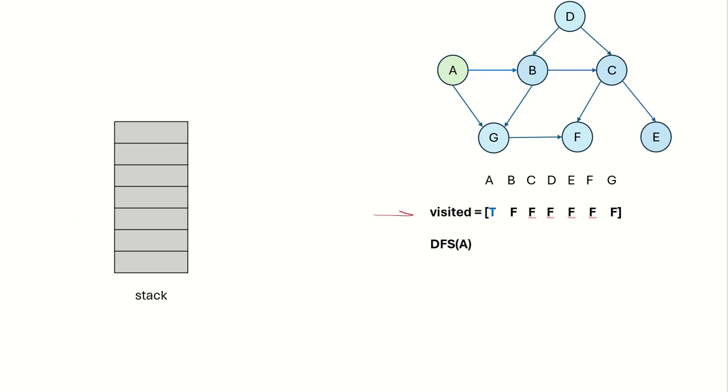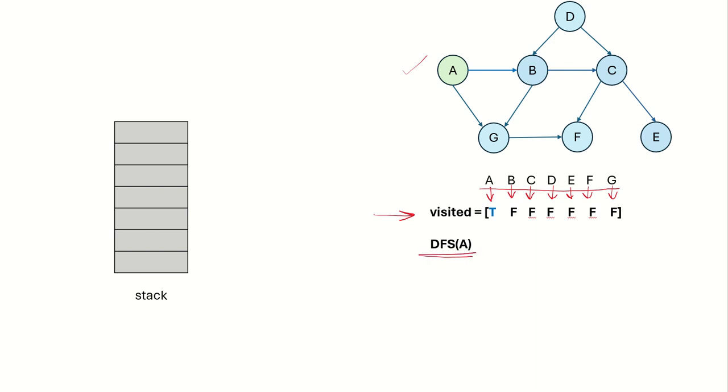This was our visited array. I am showing A, B, C, D, E, F, G to tell you that this particular entry belongs to this particular vertex. So randomly I have chosen A. We can start with any other vertex. So we have chosen A, and we have to now call DFS on A.